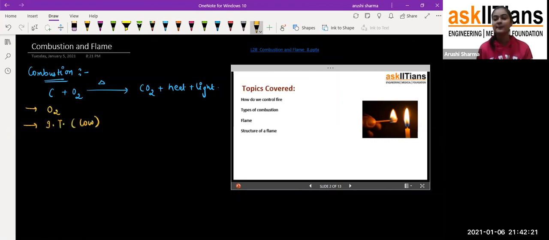I hope you remember what IT is, that in the last session we discussed that IT is the ignition temperature. Fine. And then the last condition is that it should be a combustible substance. So these are the conditions we require for combustion.